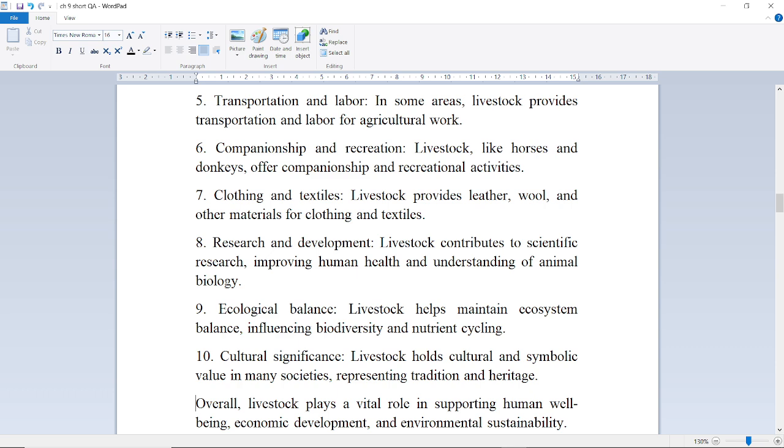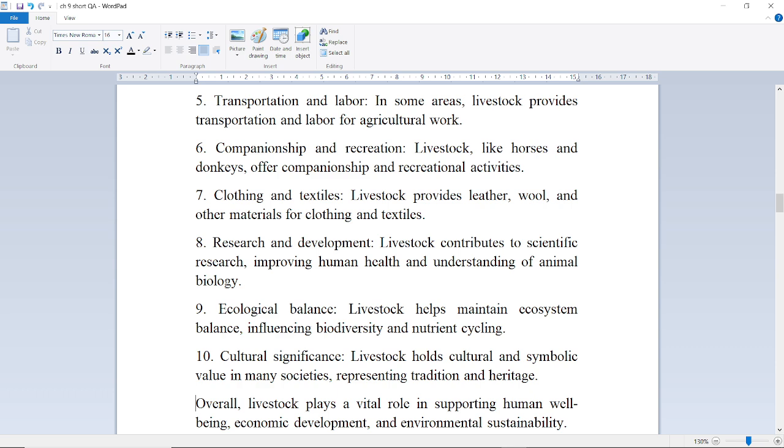Next is research and development. Livestock contributes to scientific research, improving human health and understanding of animal biology. Next is ecological balance. Livestock helps maintain ecosystem balance, influencing biodiversity and nutrient cycling.